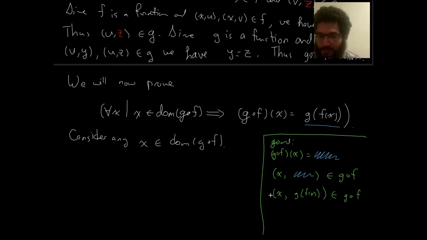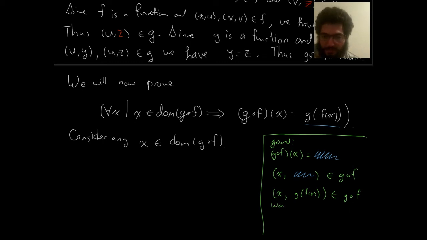So I'm trying to show that a certain thing is a member of a certain composite, right? And I know how to do that. To show that a pair is an element of a composite, I need to find a middleman. So I need to find something so that x comma that thing is in F, and that thing comma this is in G, right?